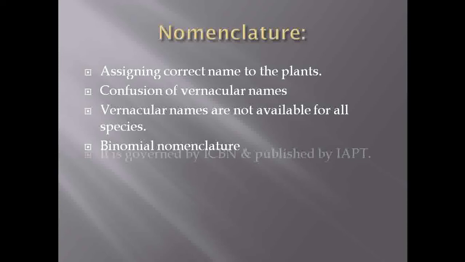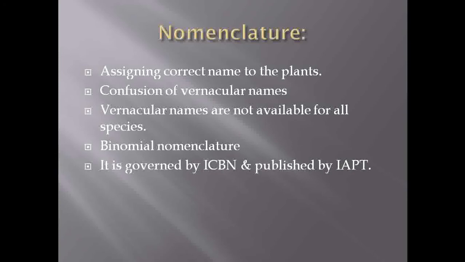about the nomenclature system in taxonomy. So what is nomenclature? It is simply assigning a correct name to the plants. So what happens before this nomenclature system? All the plants have vernacular names.